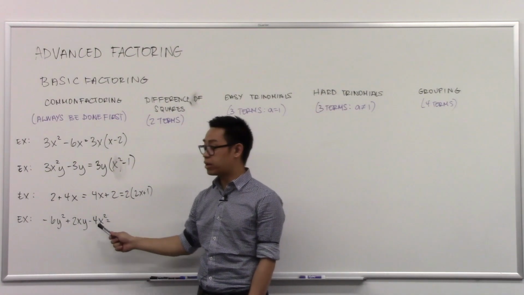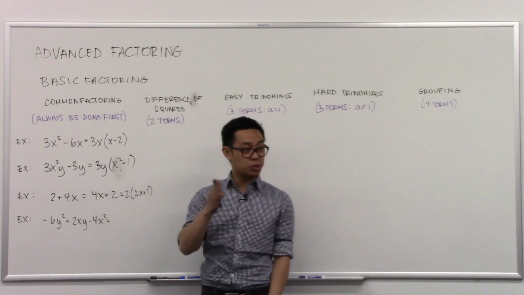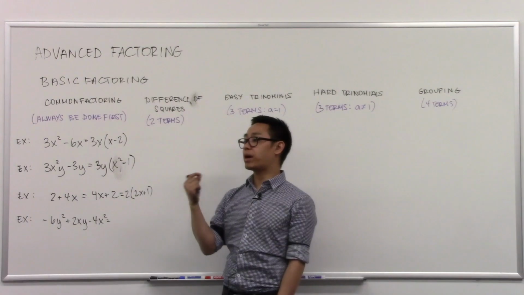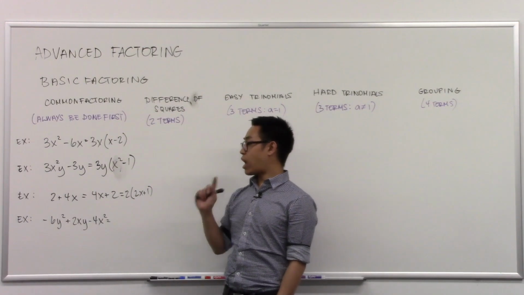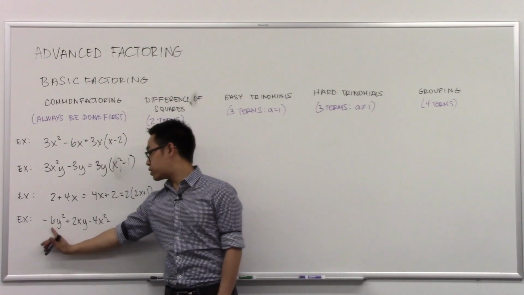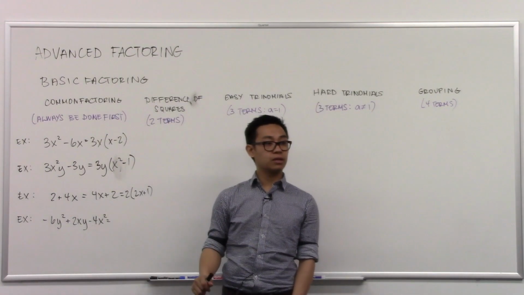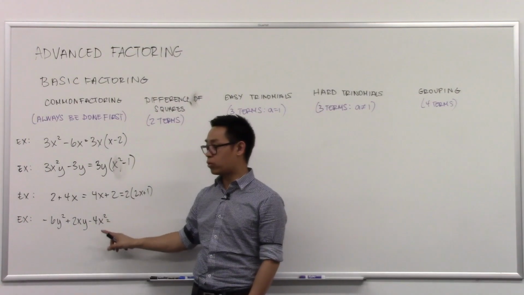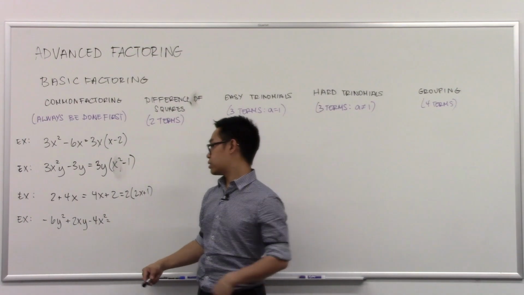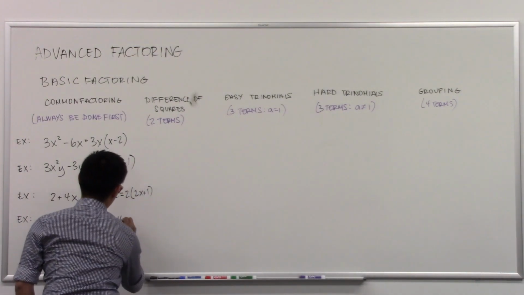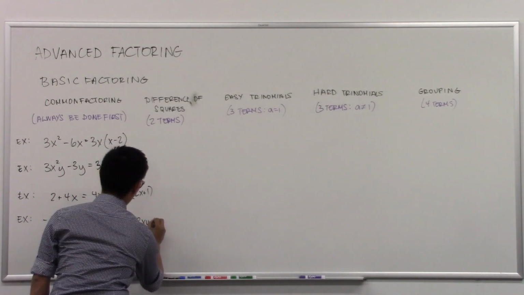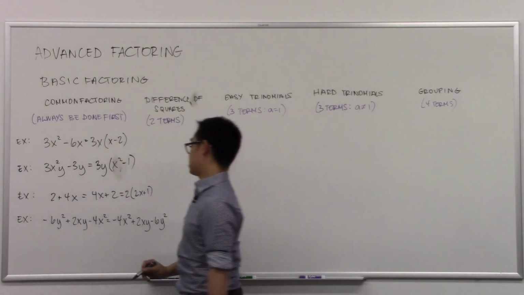And then the exponent on this is 2 as well. So all of them are tied in terms of degree. When they're tied in terms of degree, then you go alphabetical. So alphabetically, what comes first? This, or this? Yes, they both have x's, but this has the earlier letter in the alphabet. So it should be negative 4x squared plus 2xy minus 6y squared.